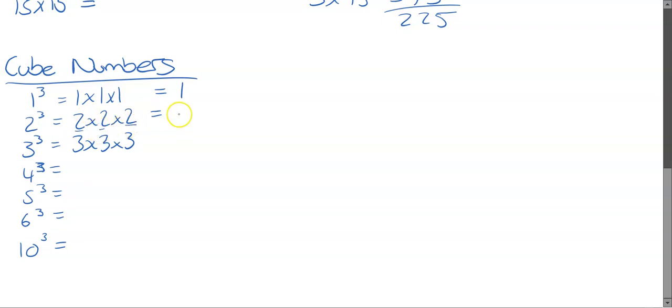Times that by another 2 is an 8. 3 times 3 is 9. Times that by 3 is 27. And then you need to work the others out. All right. So we know 4 times 4 is 16. I need to do 16 times 4. Okay, so on and so on. But they're the only ones you need to know.